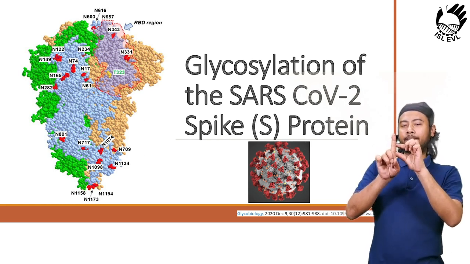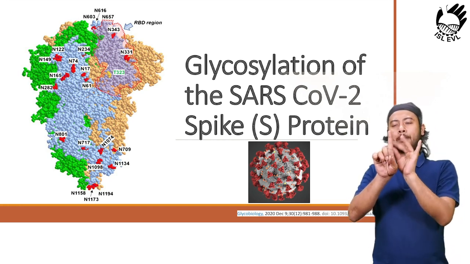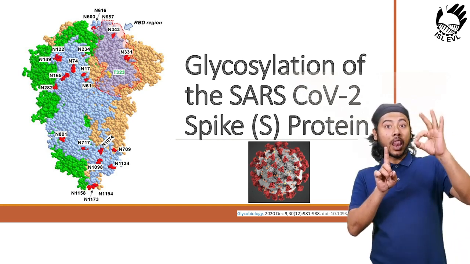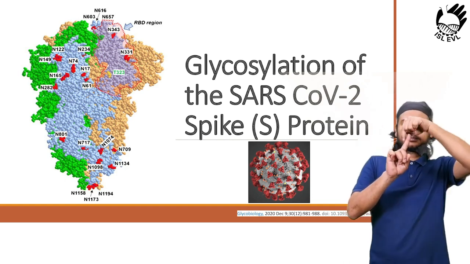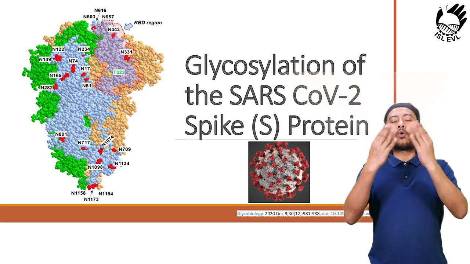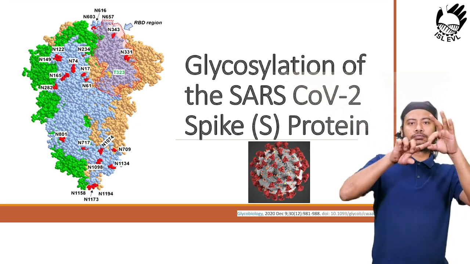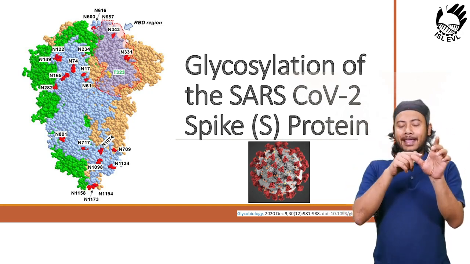Subunit 1 has the receptor binding domain. That receptor binding domain, as shown here in the highlighted region in the figure, will bind with the host receptor. Mostly in the case of humans, that is angiotensin converting enzyme.